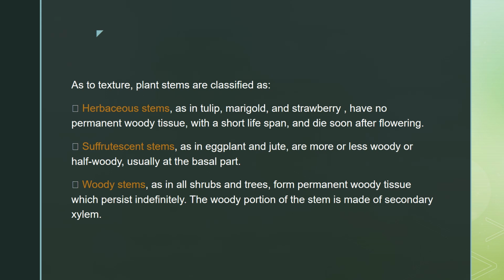This type of stem is characterized by having no permanent woody tissue, so the lifespan of this stem is short, and it dies soon after flowering. So this type of stem is called herbaceous stems. You can see it in the herbs and also in tulip, marigold, and strawberry.